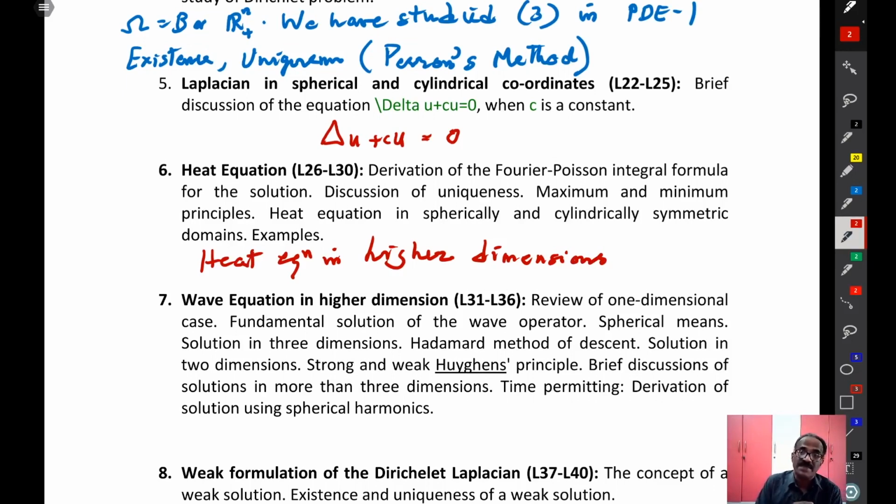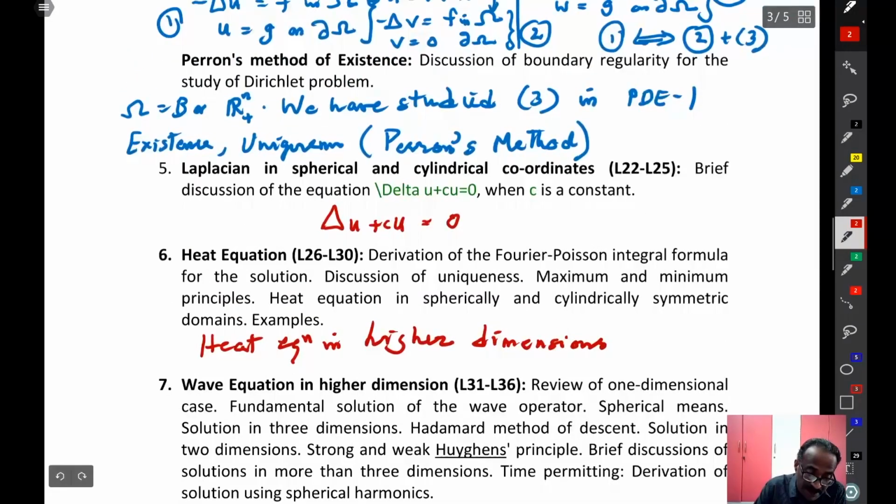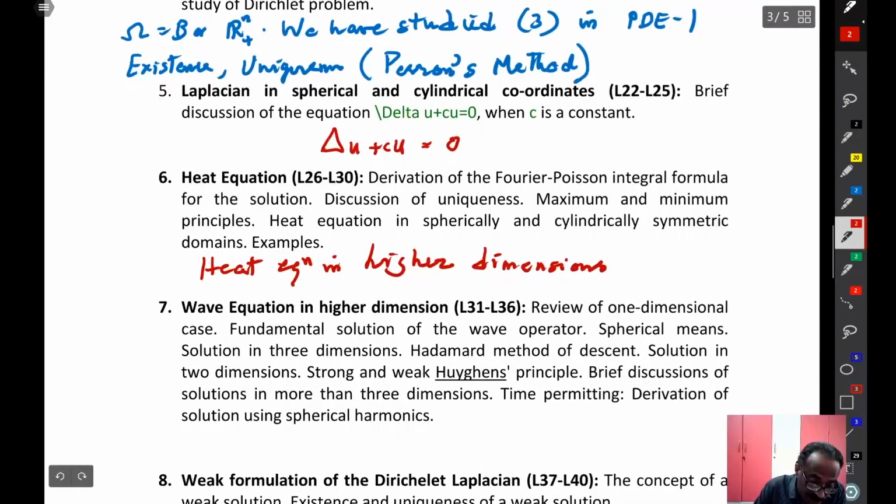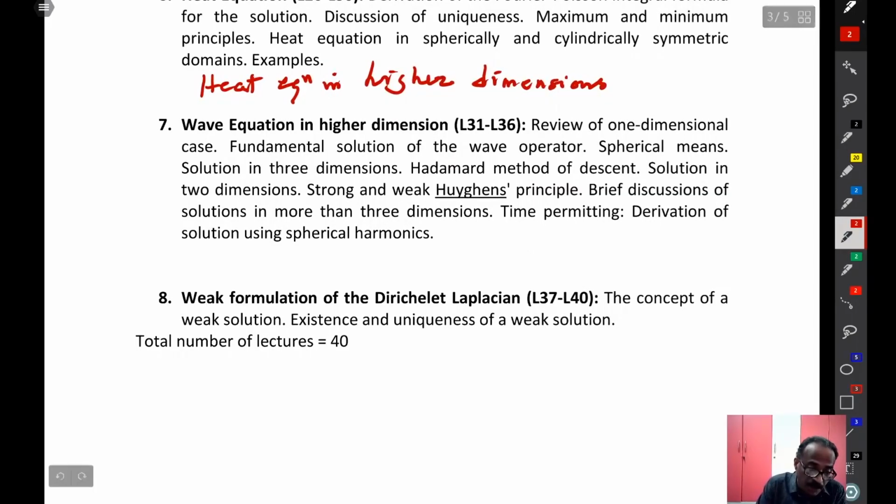We will also discuss uniqueness, the maximum and minimum principle, and then, having set the stage for spherical and cylindrical coordinates for the Laplacian, we will continue to understand the heat equation in spherical and cylindrical coordinates. Then we will move to another important equation, the wave equation in higher dimensions.